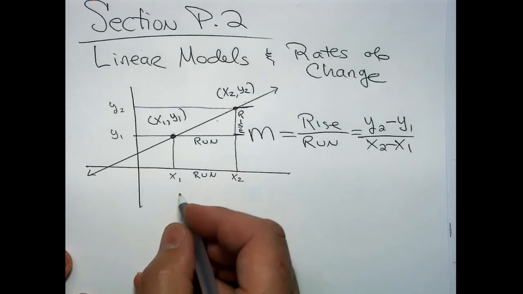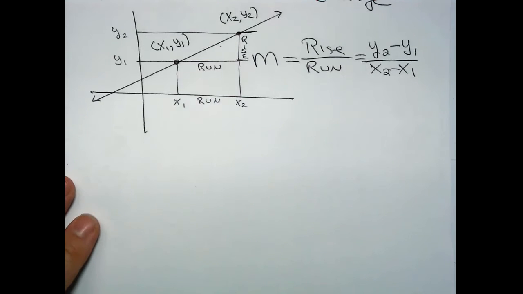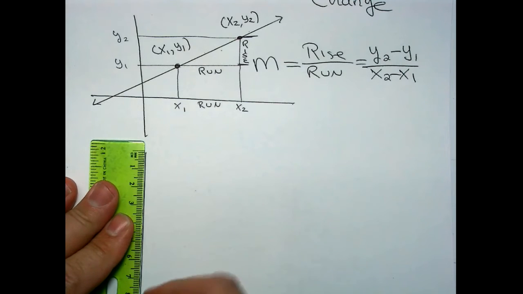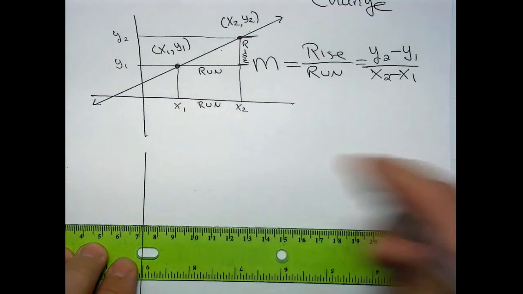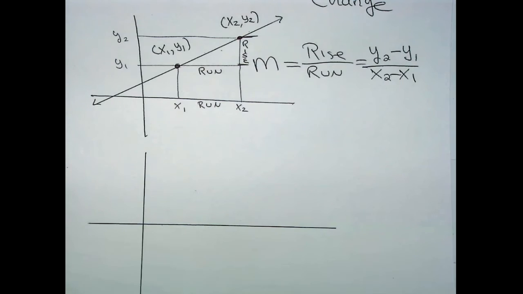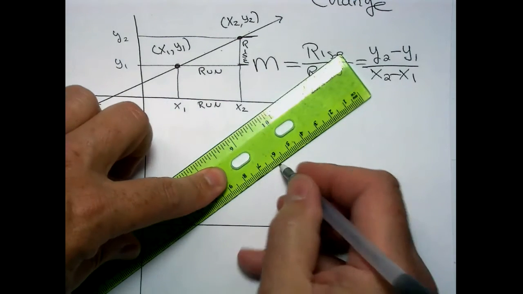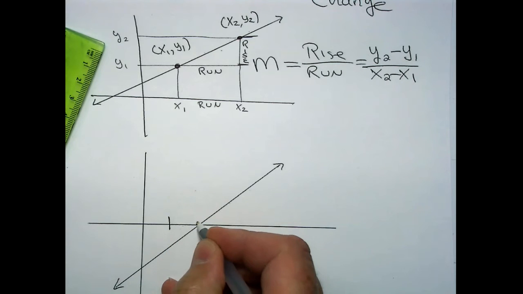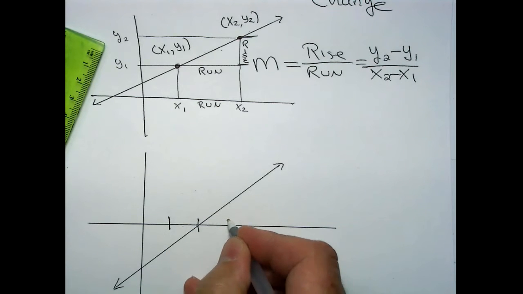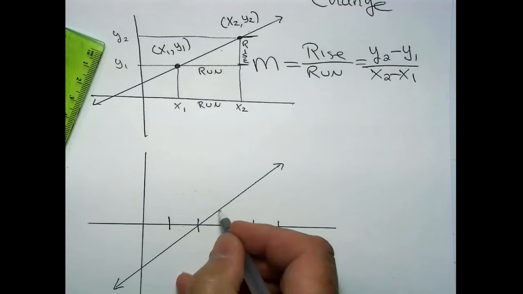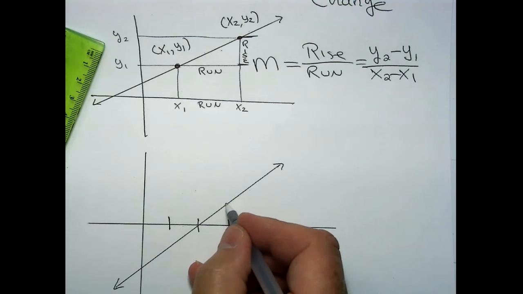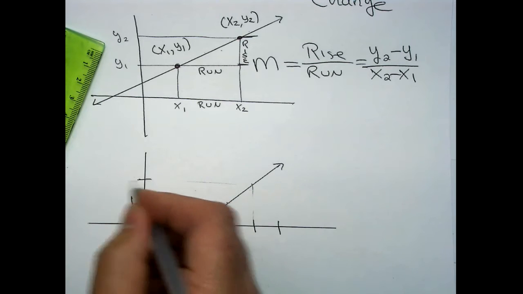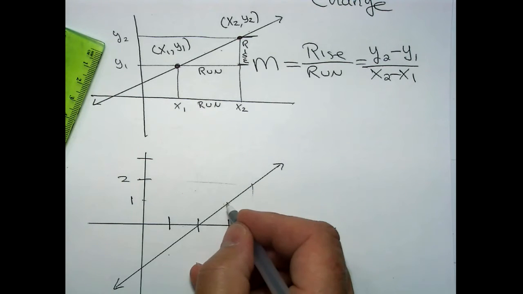So let me give you an example, and let's compute some slopes. First example will be, I'll give you 2 ordered pairs that are on my line. So let's go ahead and draw, again, a line. We'll put it over here this time. So I'm going to give you 2 points.